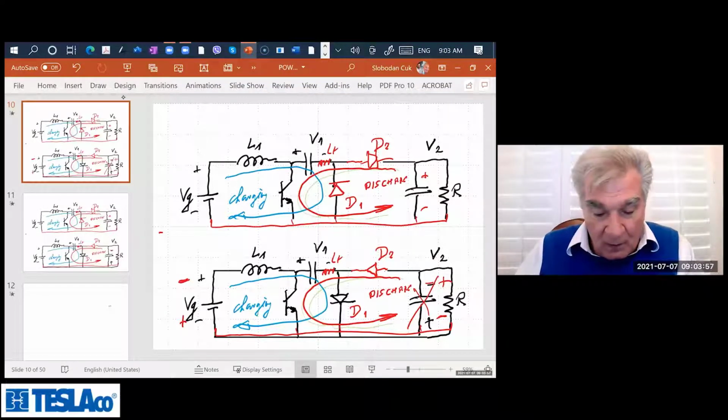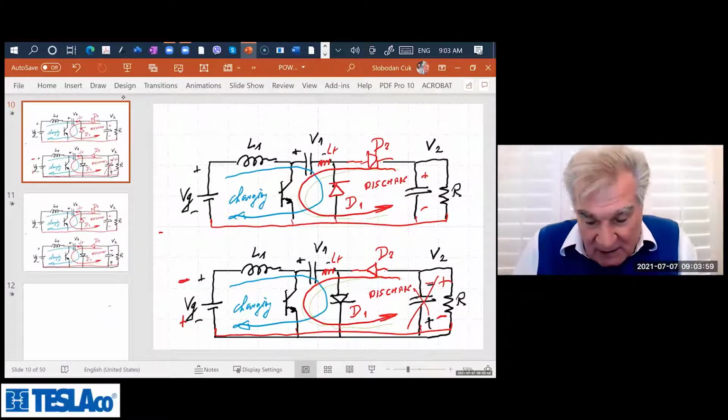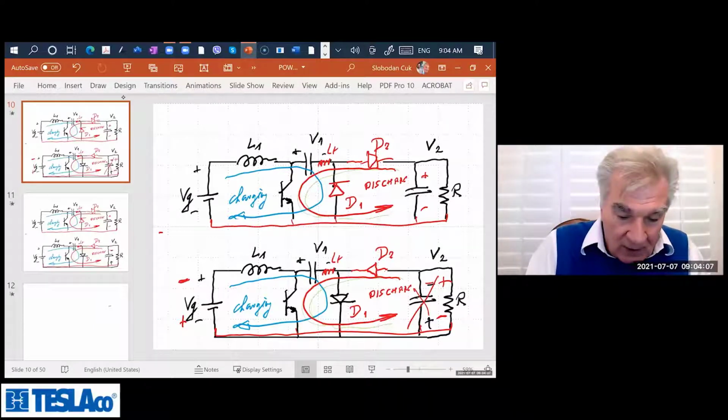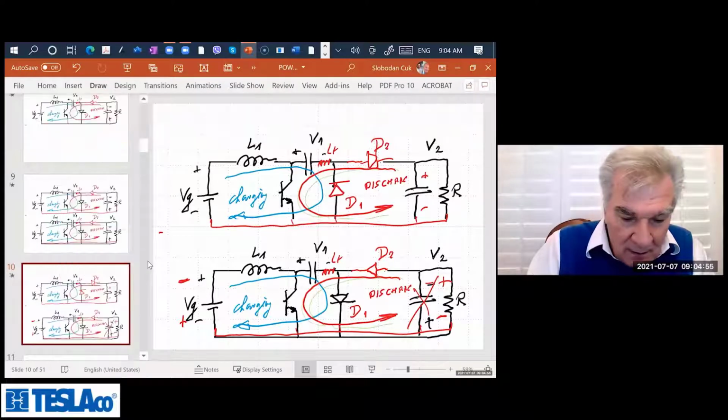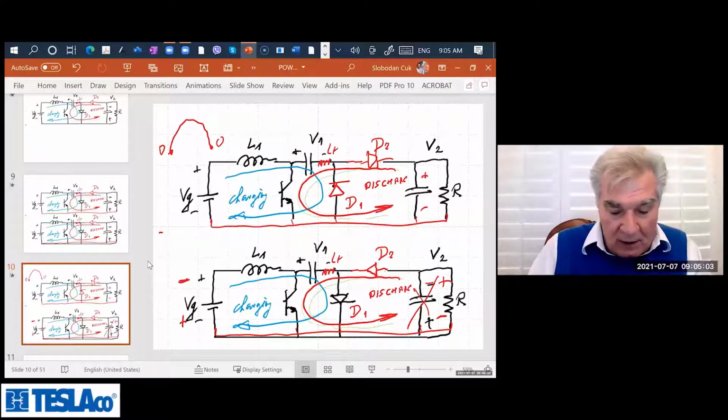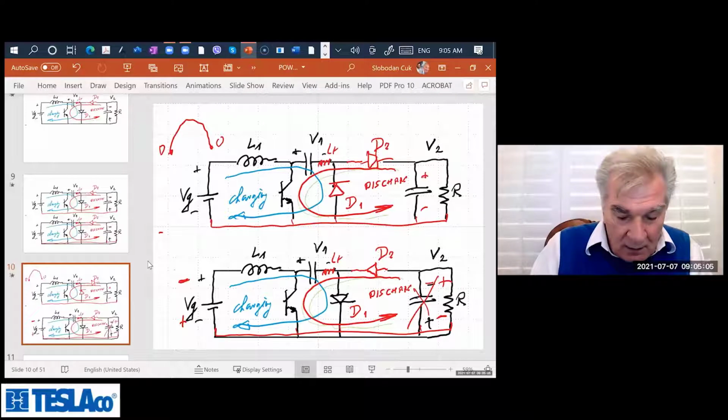So what it really says is that now I can have a converter which has here a positive part of the sine wave, 0 and 0. You see? And this here could be a negative part of the sine wave. 0, 0.